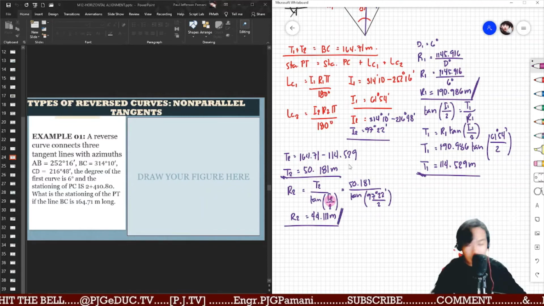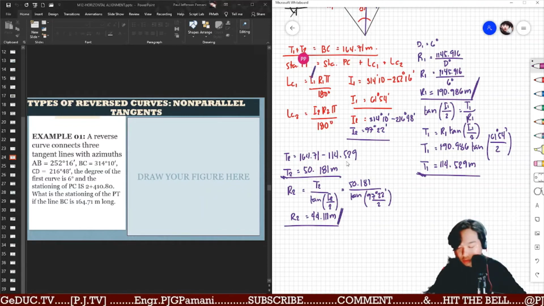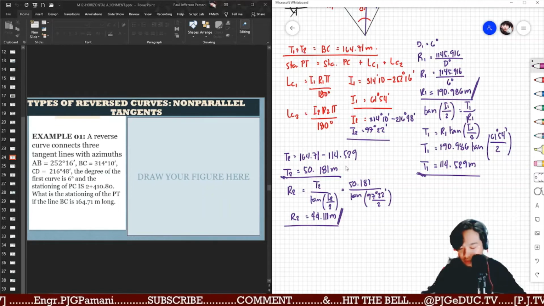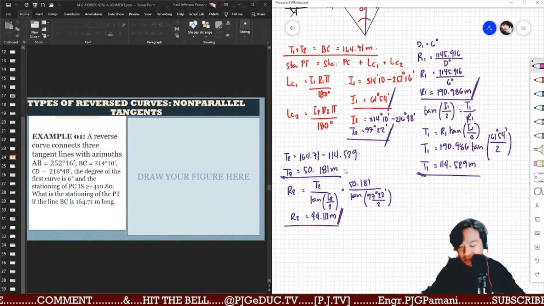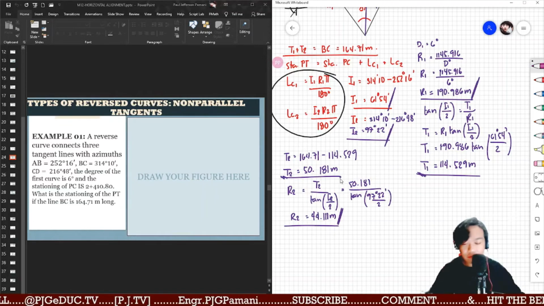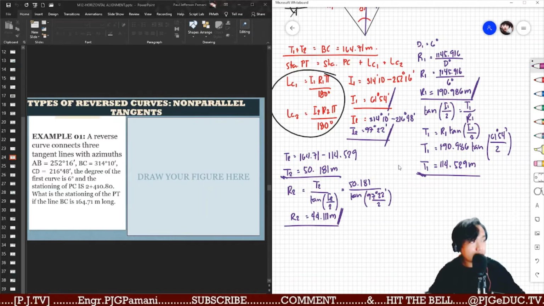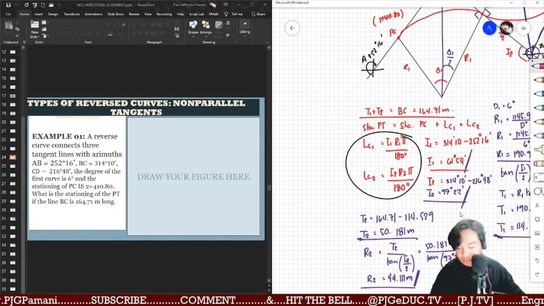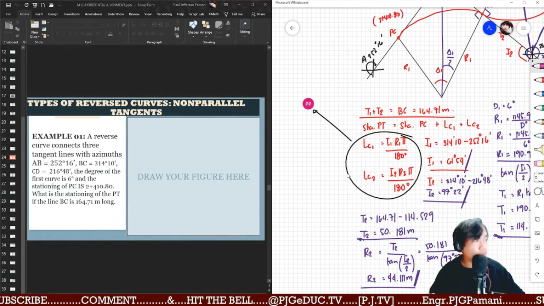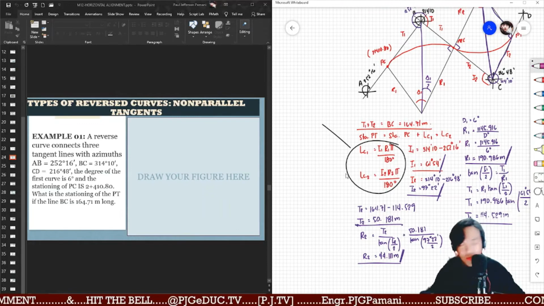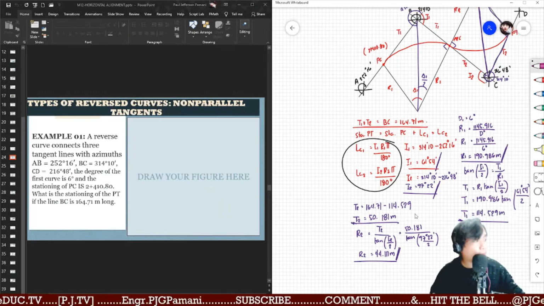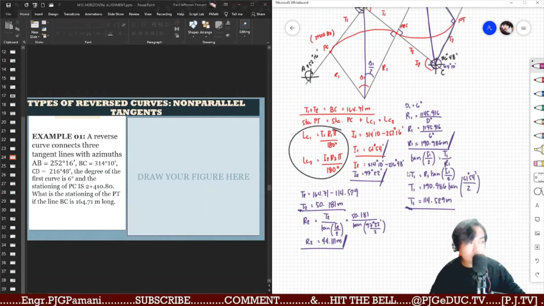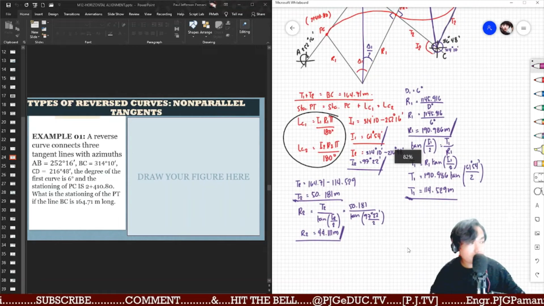We also have the angle of intersection for the first curve and the angle of intersection for the second curve. We can now solve for the length of the arch for the first curve and the second curve. Solution. I will just move the figure so we can work.